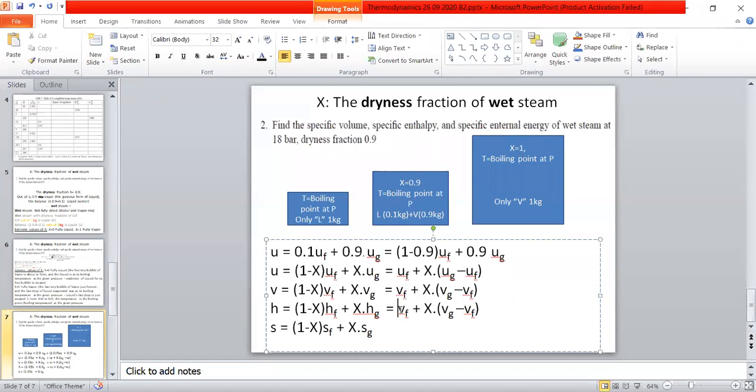So here HF plus X times Hg minus HF. For this case, SF plus X times Sg minus SF. Very interesting.